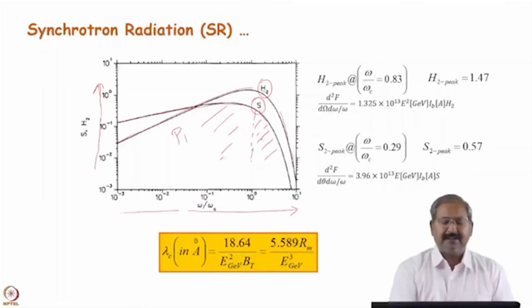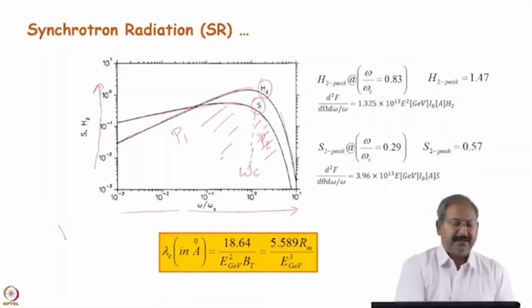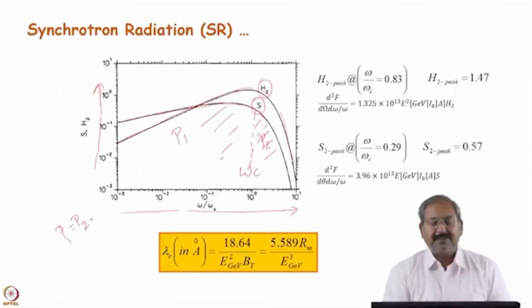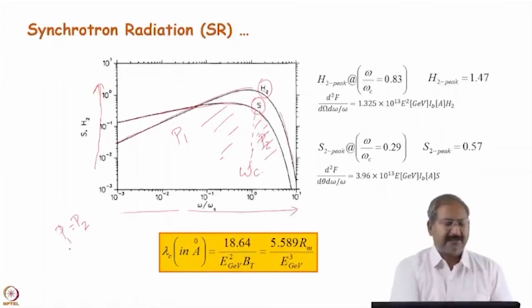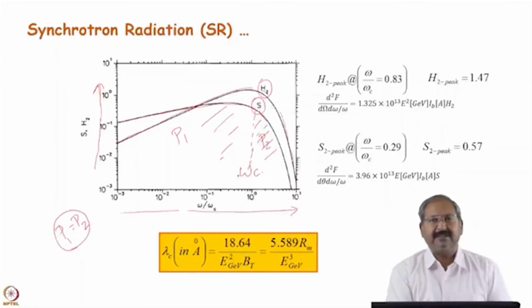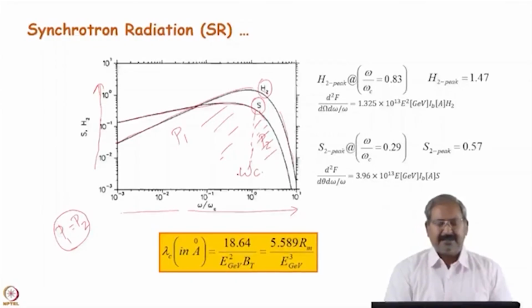One is P1 and the other one is P2, and this is the omega C. If we choose omega C in such a way that P1 becomes equal to P2, this is known as the critical frequency or critical wavelength. It shows a general characteristic of the emitted radiation. So the critical wavelength can be calculated using this formulation.